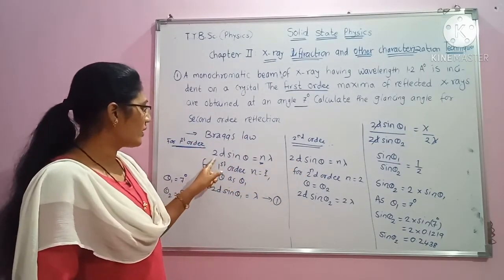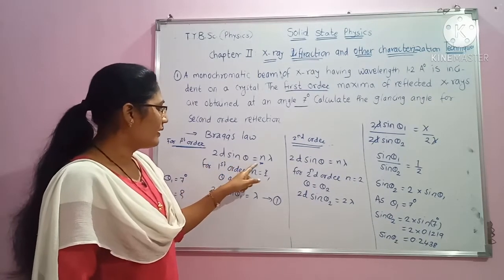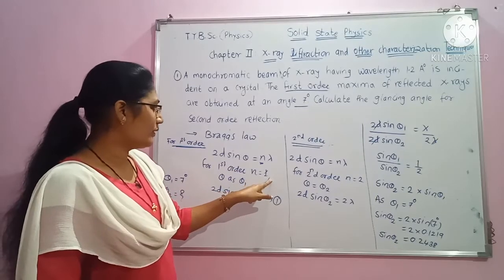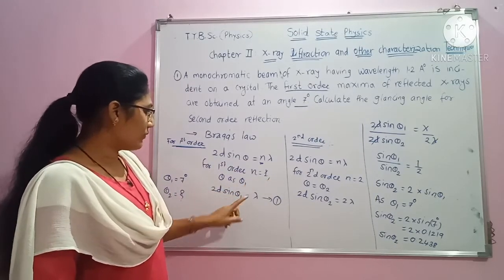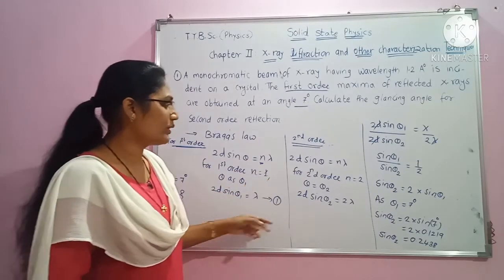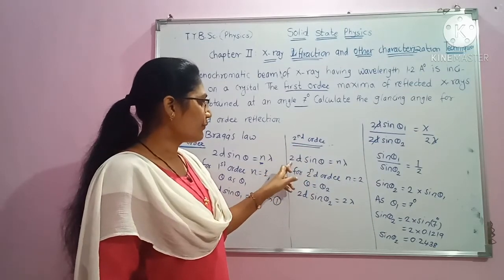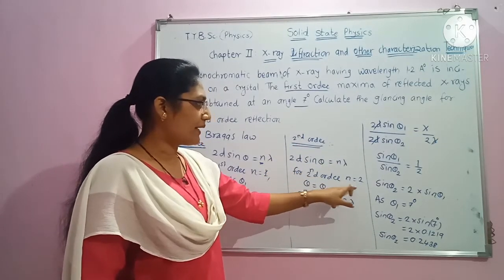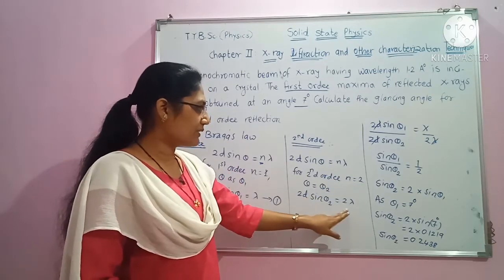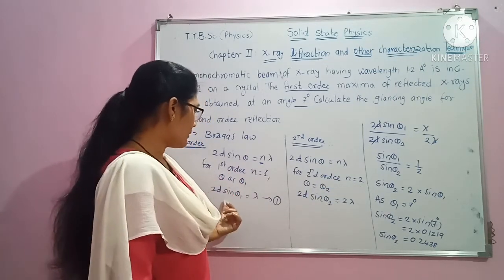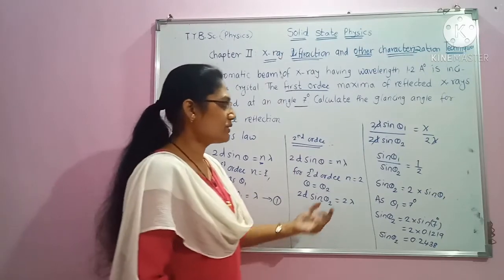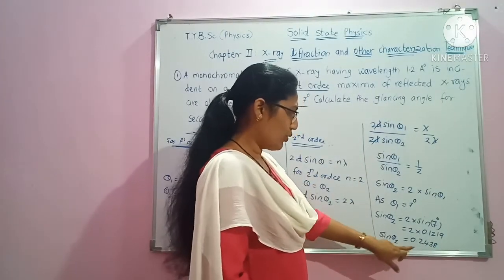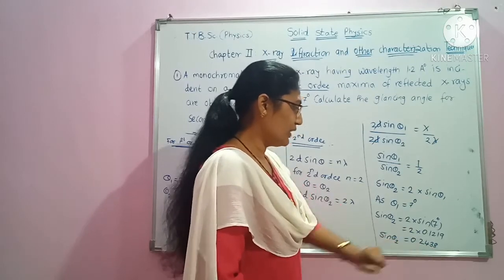For first order it comes out as 2d sin theta is equal to n lambda, where n is equal to 1 and theta is equal to theta 1. We have obtained this equation. For second order we substituted theta as theta 2 and n as 2 and obtained this equation. Now we have taken the ratio of these two equations and from that we have obtained the sin theta 2 value as 0.2438.